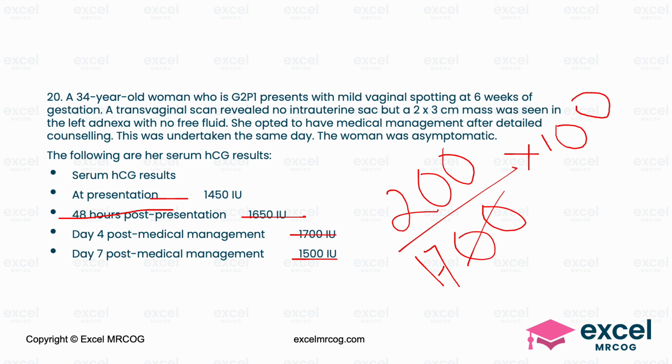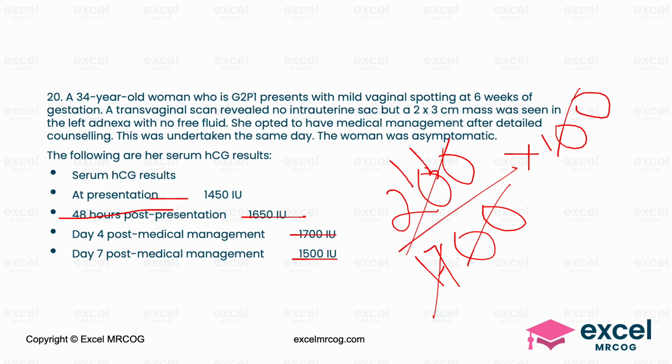This is basically your 200 divided by 17. So 17 ones are 17, 3 carry over, and it will become something like 11.8%. So the percentage difference is around 11 to 12%.